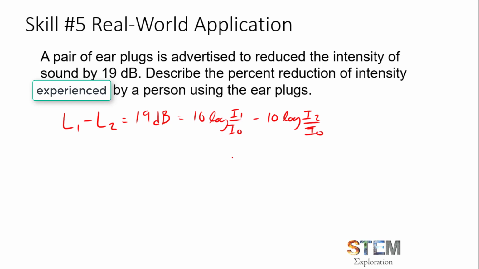All right, and really this is all the farther we need to go at this particular point, because what I'm going to do is factor out the 10 in both of these, because that's the greatest common factor between these two portions. So 10 times log I1 over I naught minus log of I2 over I naught.